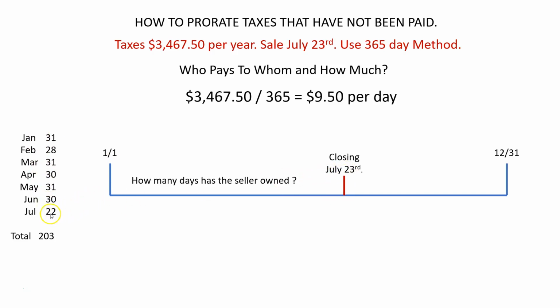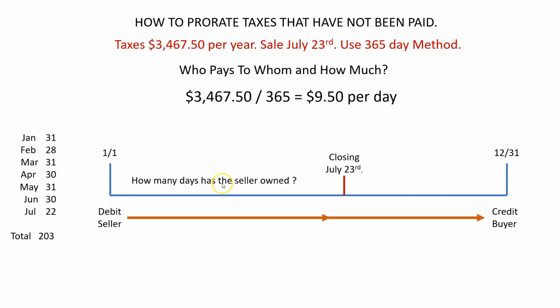We only use 22, which comes to a total of 203 days. Therefore, we have determined that the seller has lived in this house for 203 days at $9.50 a day, and therefore the seller will have to debit out of his pocket and put it into the buyer's pocket $1,928.50, so that the buyer has that money ready for when the tax bill comes.